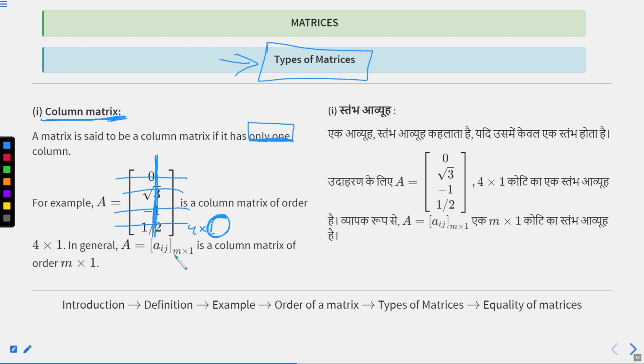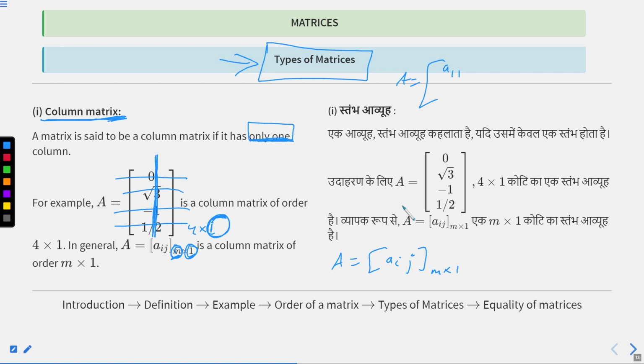So in general, if you have m rows, then in a column matrix the order will be m multiply 1, meaning m rows and 1 column. Okay, in general, we will represent our matrix by Aij, m cross 1. This Aij means what? A will be like this, A11, A12 till what?